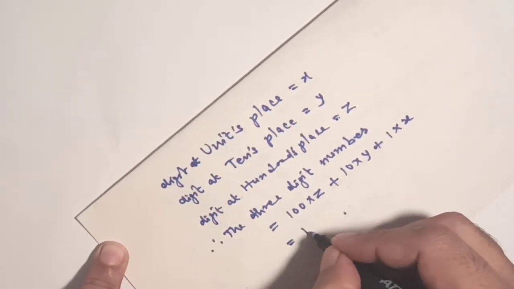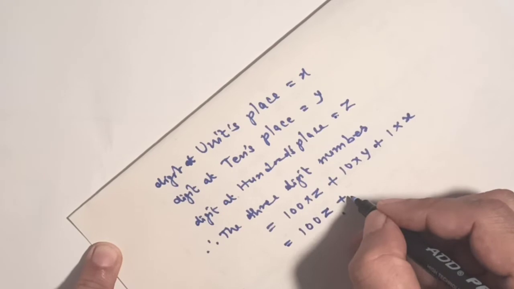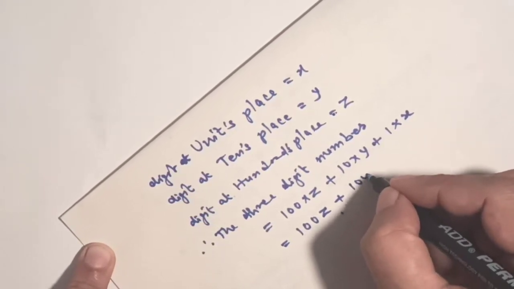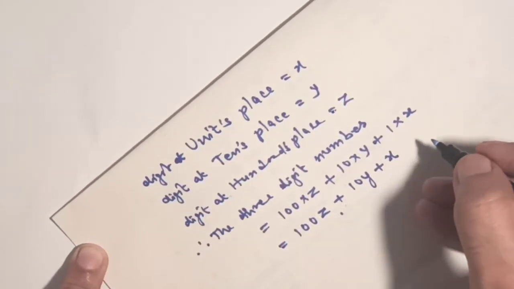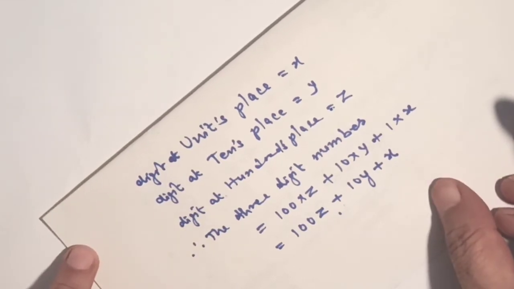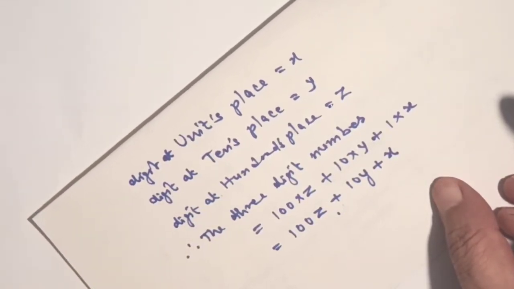So your number will be 100z plus 10y plus x. This way you can write a 2-digit number and a 3-digit number.